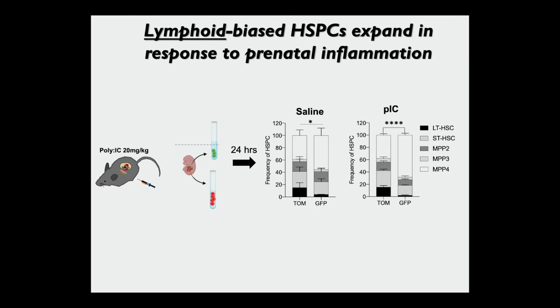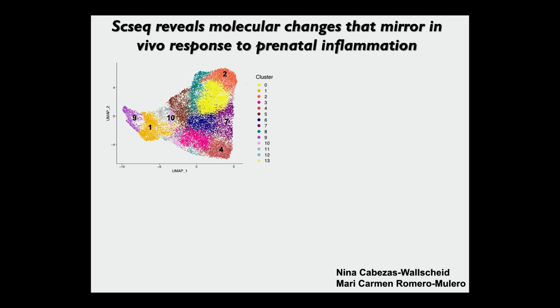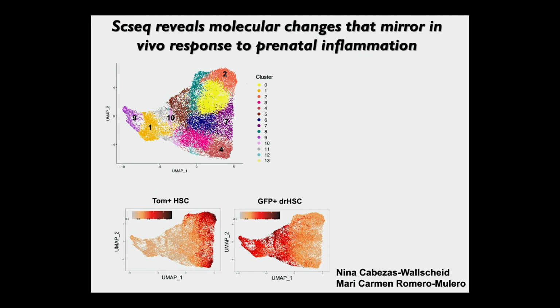But when we induce prenatal inflammation, he sees that this bias is especially exaggerated. And so we believe that this is one indication that prenatal inflammation, as opposed to adult inflammation, invokes specific lymphoid bias in situ.